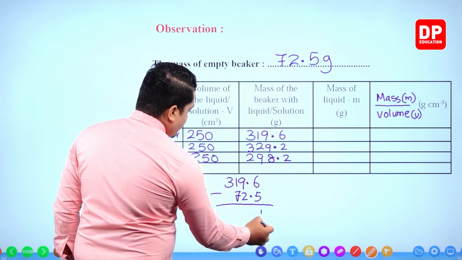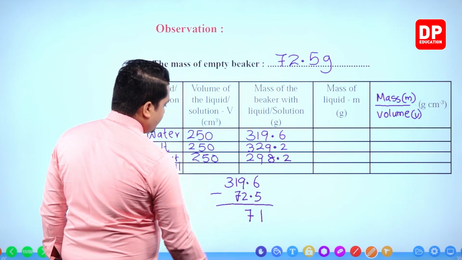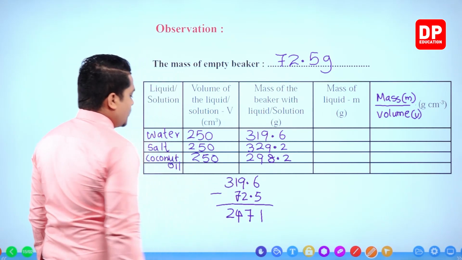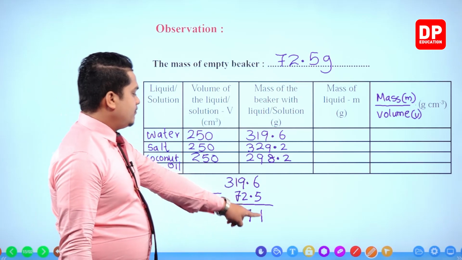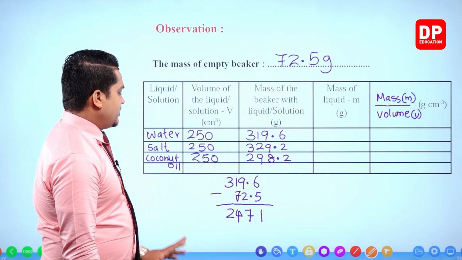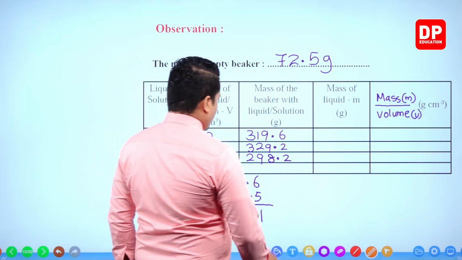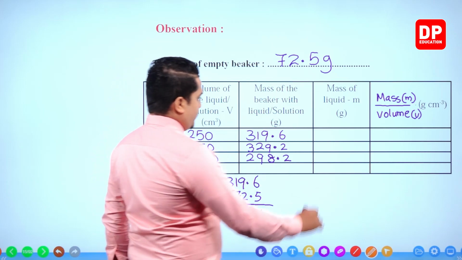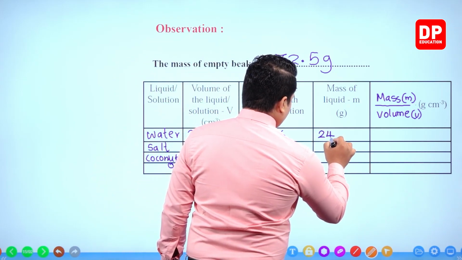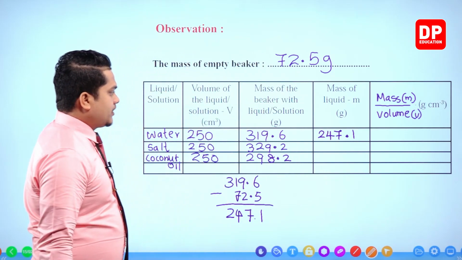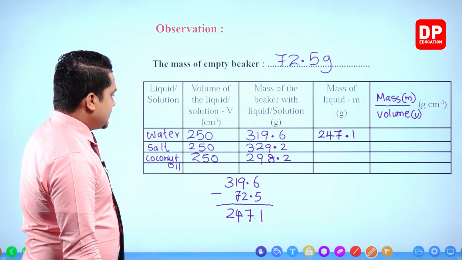Here 1, here 7, 31 minus 7 is 24. Right? So 247.1. Then the second one.